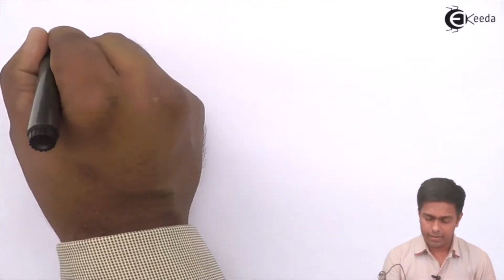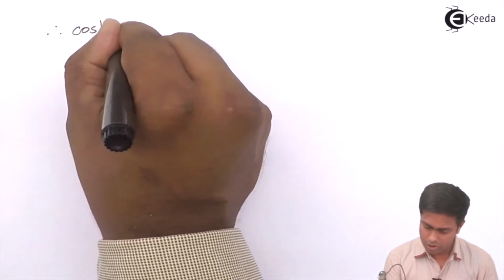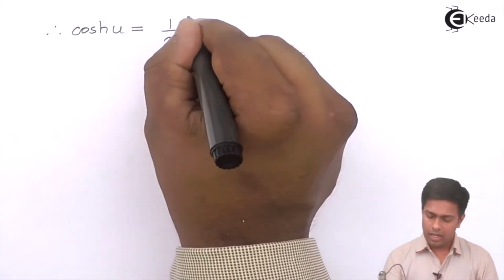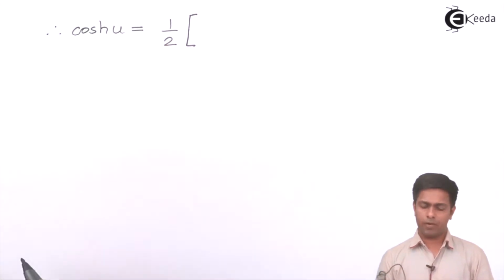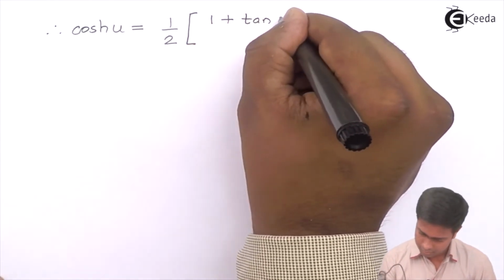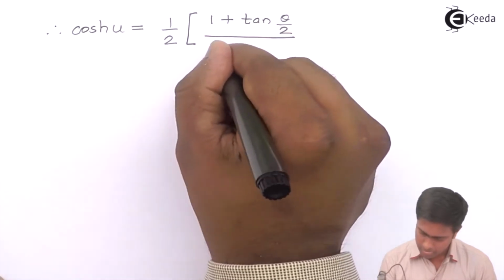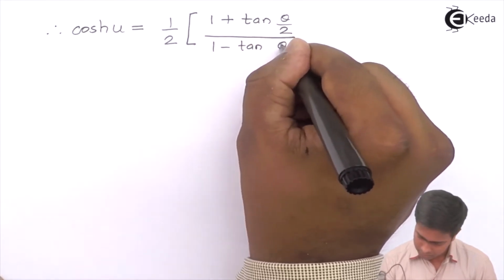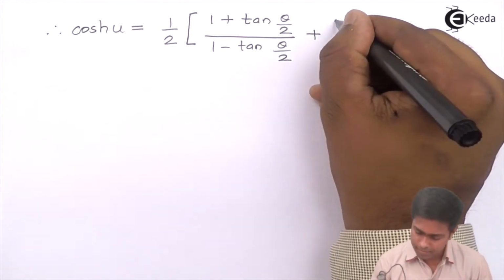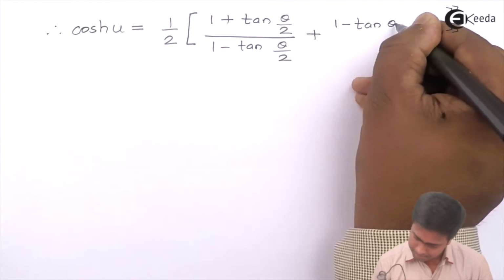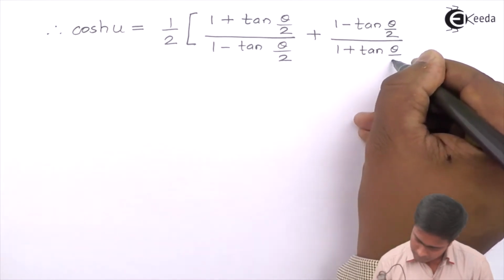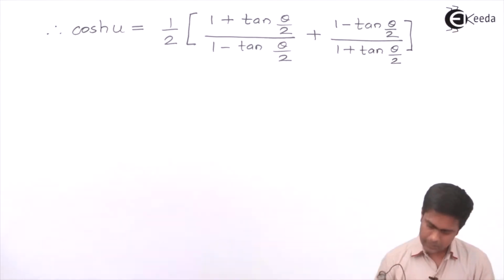So we'll get, therefore, hyperbolic cos u equal to 1 by 2, which I am taking outside, and the value of e to the power u is this, and the value of e to the power minus u is this.